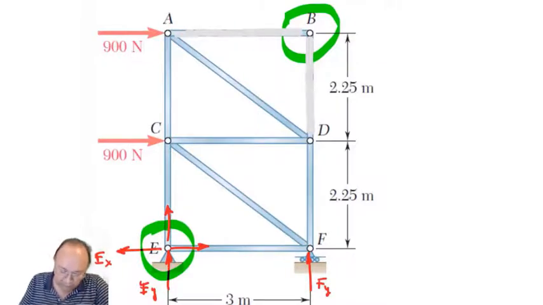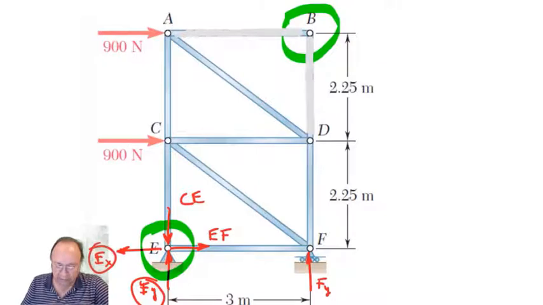So you know that this CE has to be equal to EY. So this one will go in the other direction. And EF has to be equal to EX. And you just state that and continue.